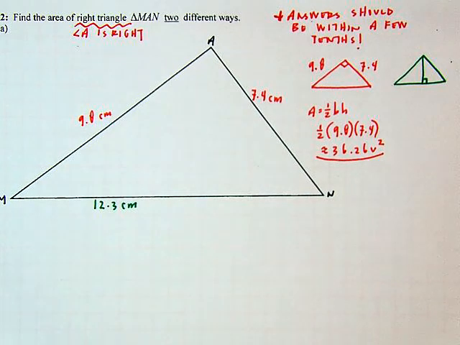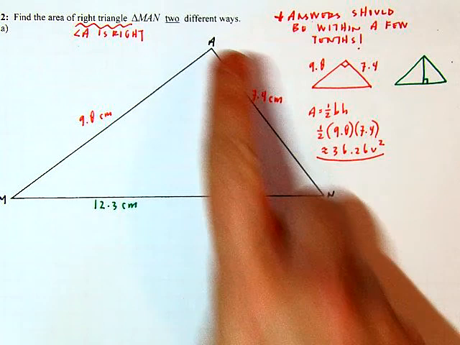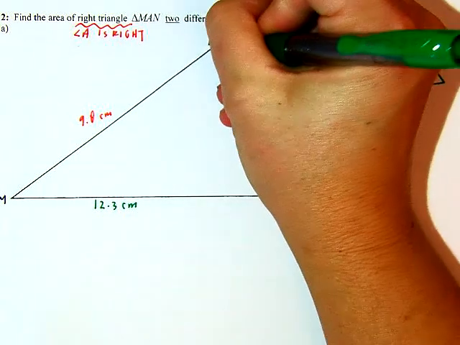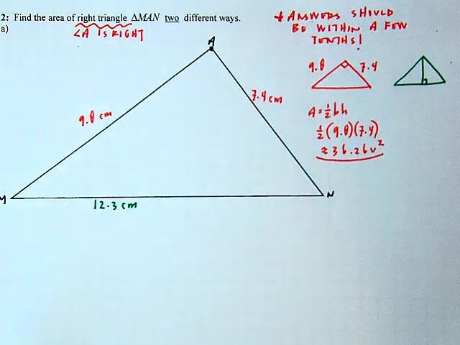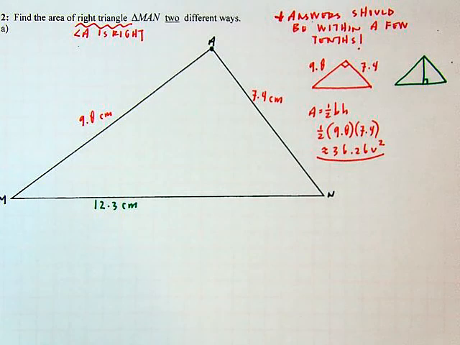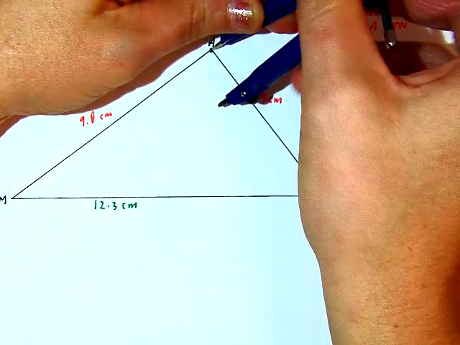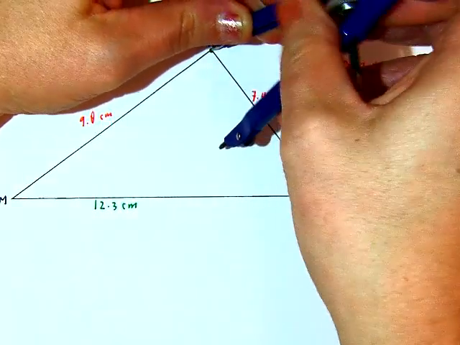Okay, so now how do I get my altitude? Well, I need to use my compass. I'm looking at this pathway here and this point right here, and I'm trying to figure out how to get the perpendicular pathway that connects this line and this point. First I need to open my compass to a width where it will slice through that straight pathway, the base.